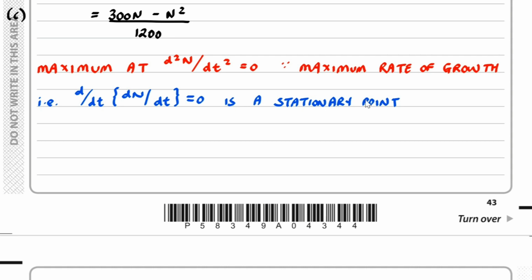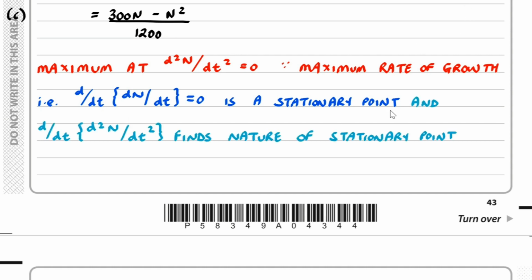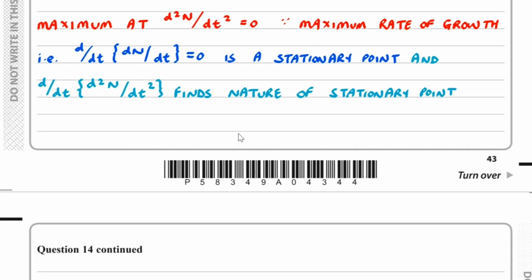This is a stationary point, and d over dt of d squared n over dt squared finds the nature of the stationary point. So if I differentiate this again, that finds me the nature of the stationary point. So we need to be a bit careful here. Because I've got the rate of growth and I've got the maximum of that, I've got the second derivative, which is equal to 0.